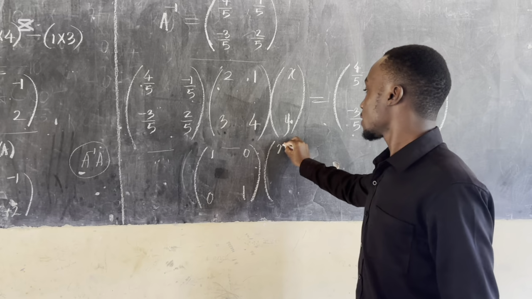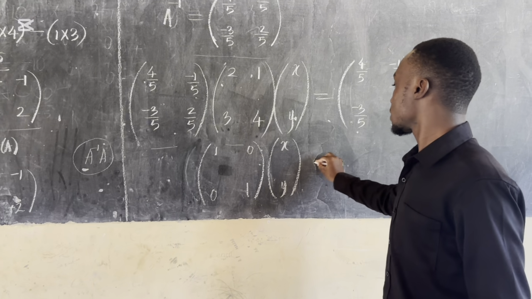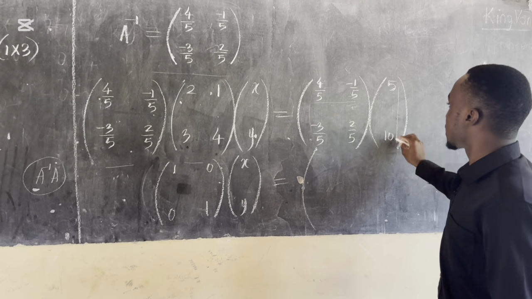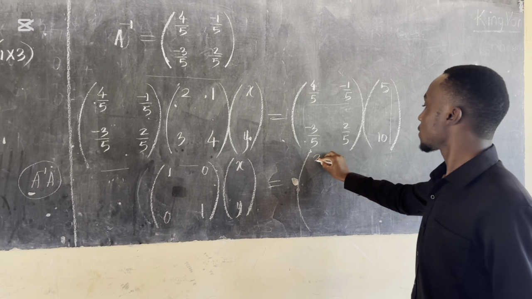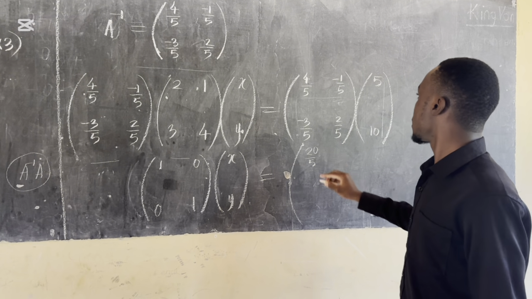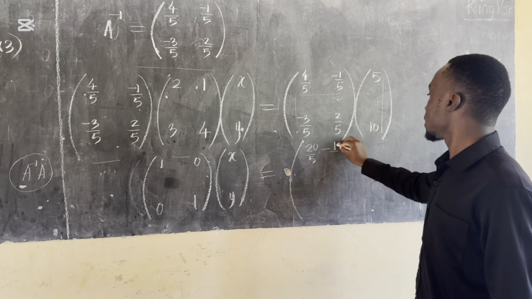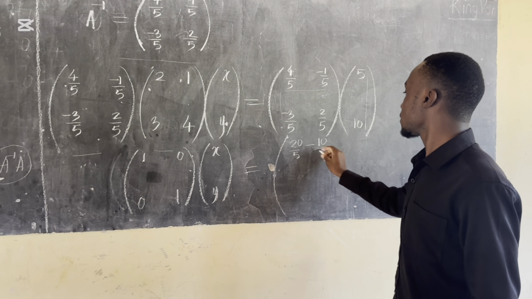With our column matrix x, y equal to, now we multiply here. This with this will give us 20 all over 5. This one will give us minus 10 over 5.